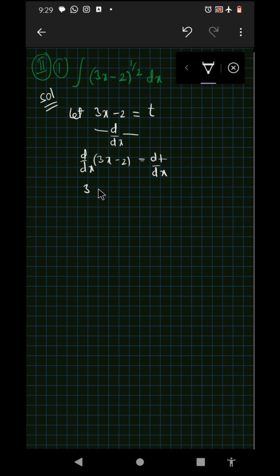You get that 3 is equal to dt by dx. So from here we get dx is equal to dt by 3. Now we substitute the t value and dx value in the problem.